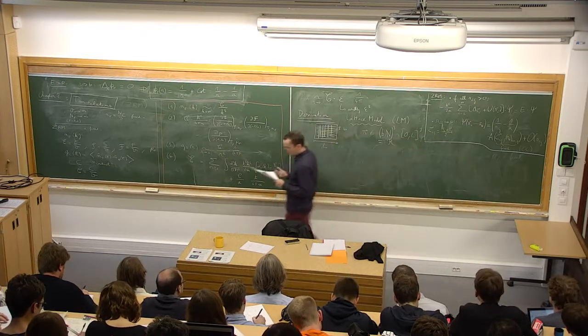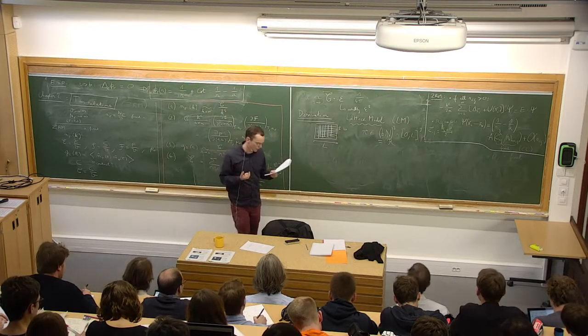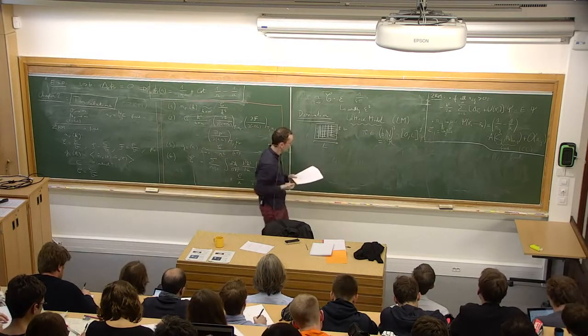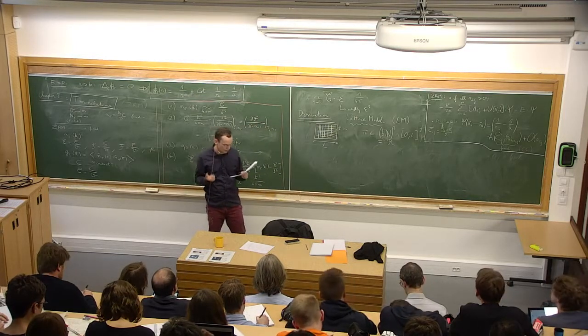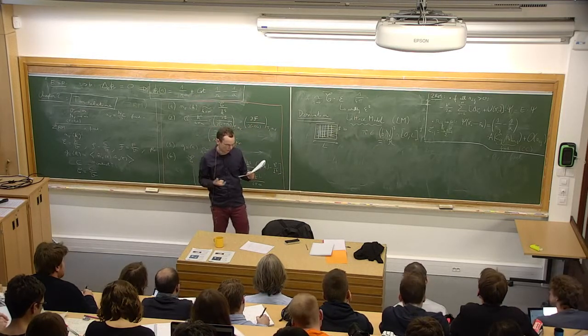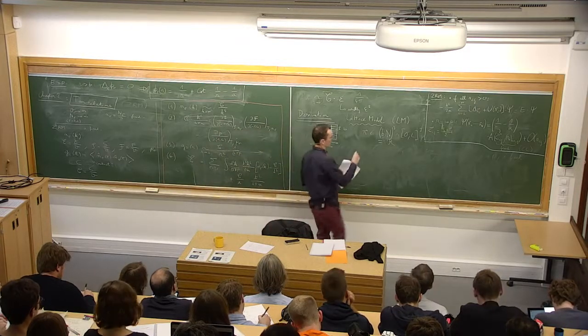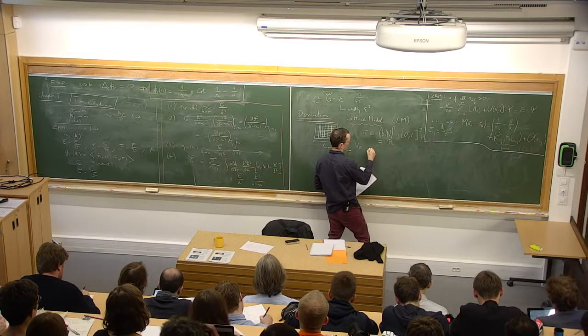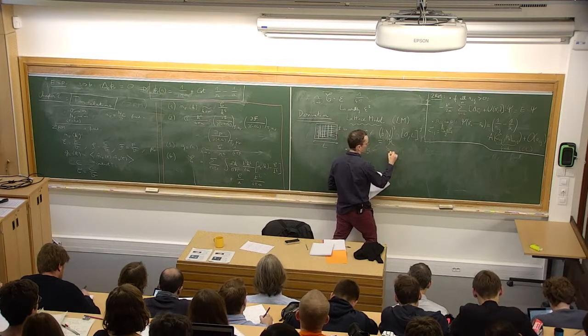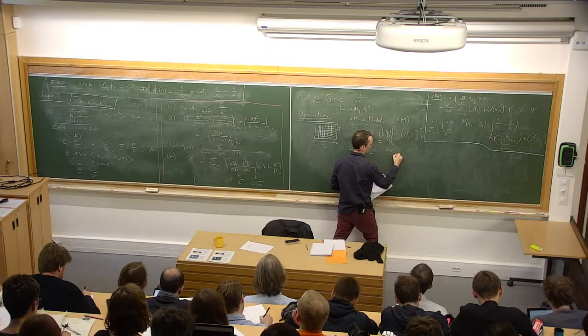Now for the interactions between the fermions in our lattice model, we will just take the simplest interaction, namely on-site interaction, like in the Hubbard model, actually. So we will take an interaction V of R1, R2, which is just a Kronecker delta of R1, R2.